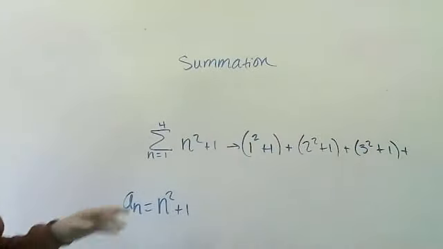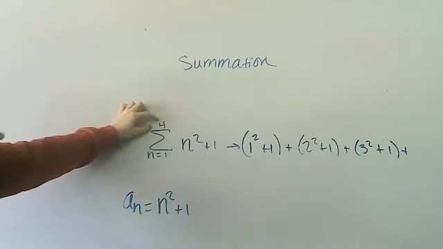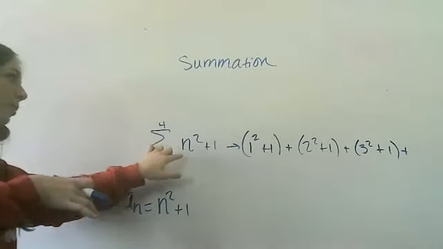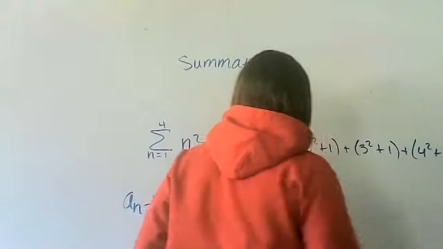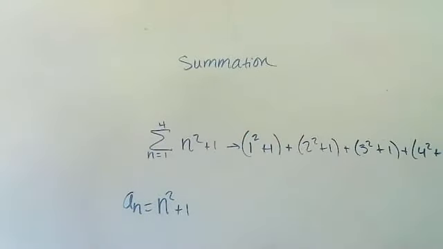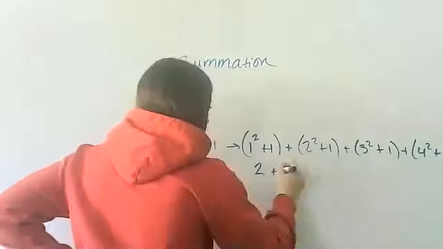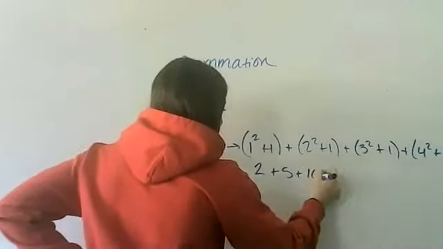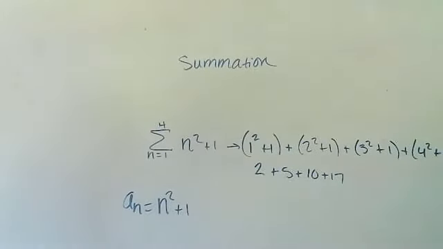And lastly, I'm getting to the top of my bound, meaning 4 is as high as I can go. So now I'll plug in 4 for n. 4 squared plus 1. Notice what I just wrote back out was the 2 plus 5 plus 10 plus 17 to finally get that summation of 34 here.